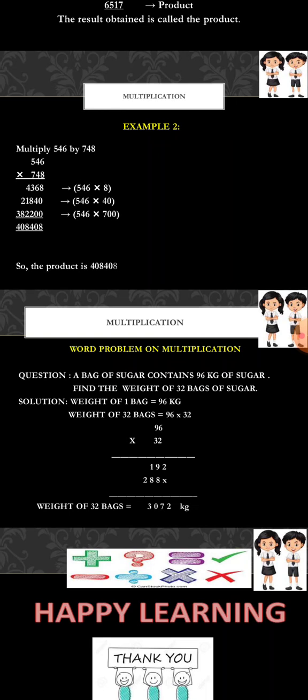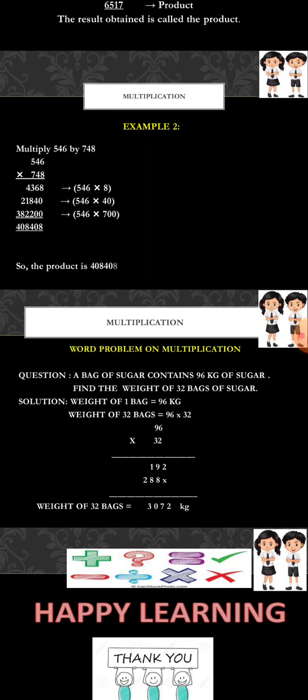So the multiplication of 546 with 7 is 3822. What is the next step now? We'll add all the numbers which we have multiplied with the multiplier 748. So on adding we can see the product is 4,08,408. I hope this is clear to everyone.